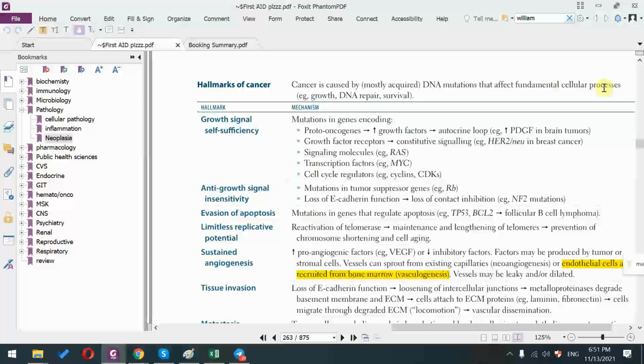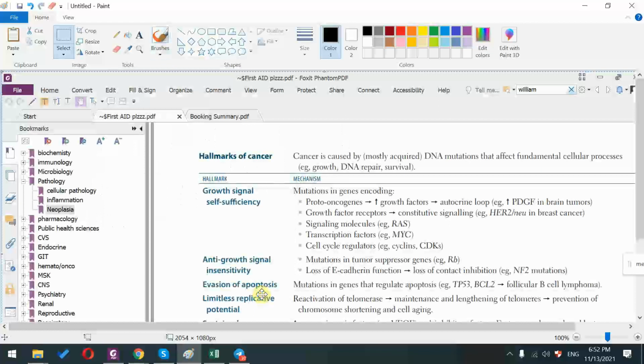So the growth signal self-sufficiency. This is super important. So let's start with it like this. I just uncovered my wrist because this is going to get dirty. So let's take a look. Okay, inside of your cell, it's a really interesting topic.